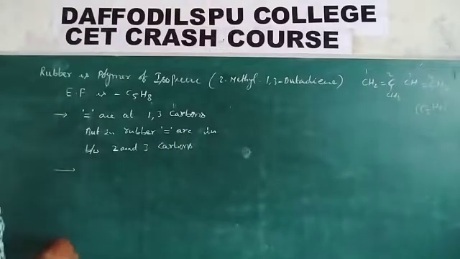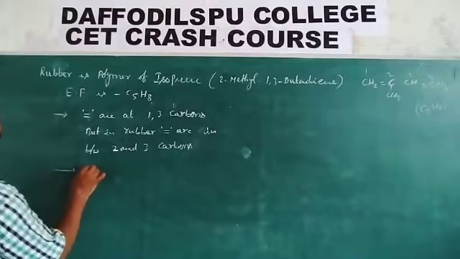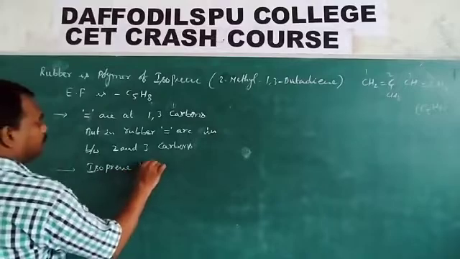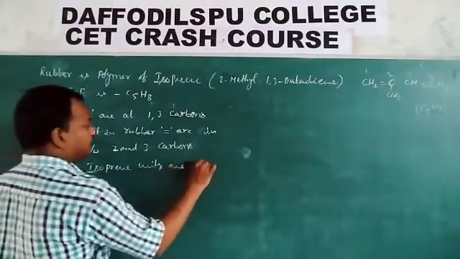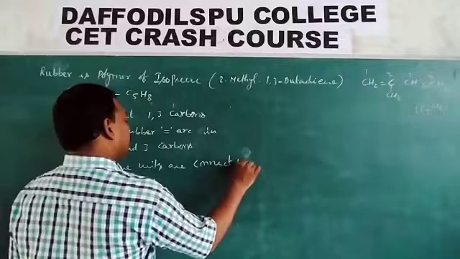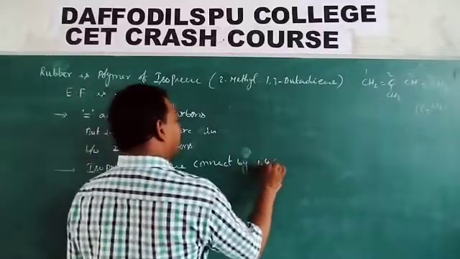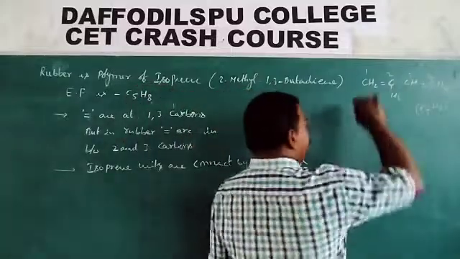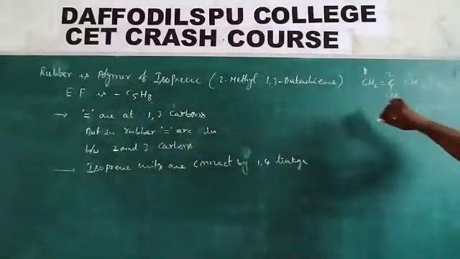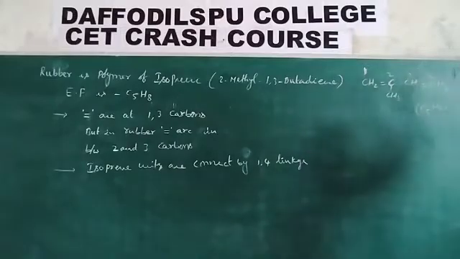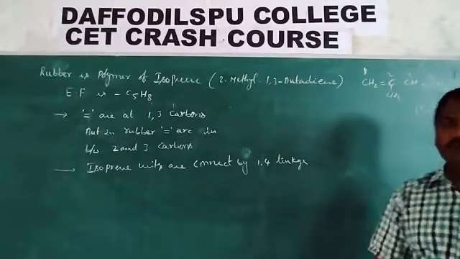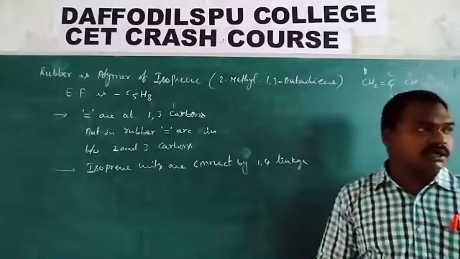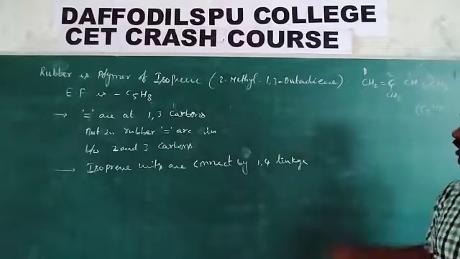Isoprene units are connected by 1,4 linkage. Linkage means the first carbon of one isoprene unit is going to connect with the fourth carbon of another isoprene unit.